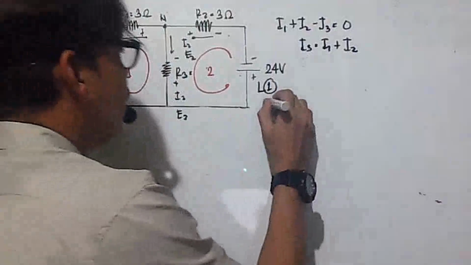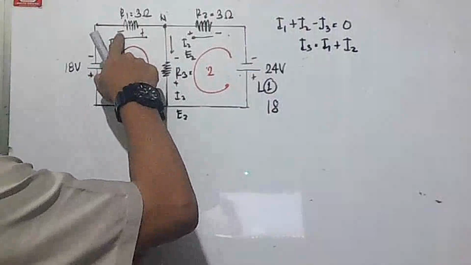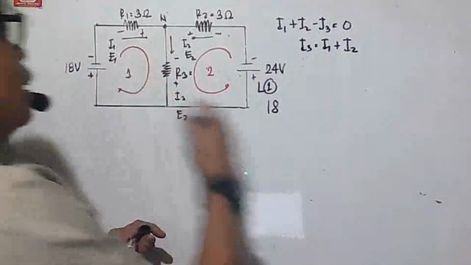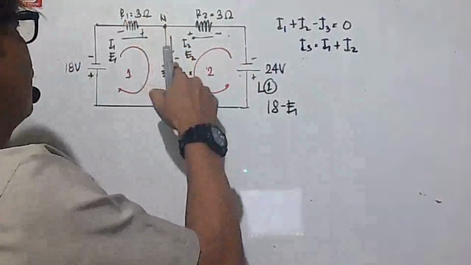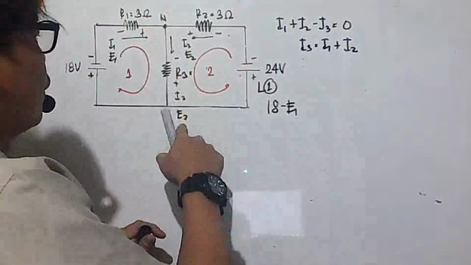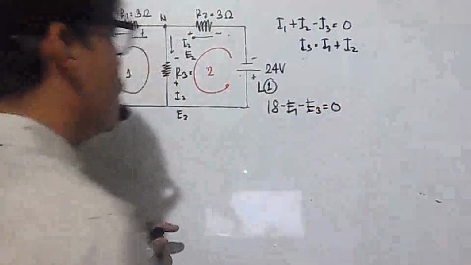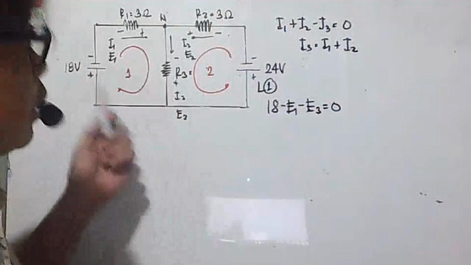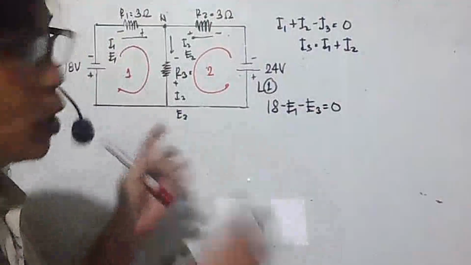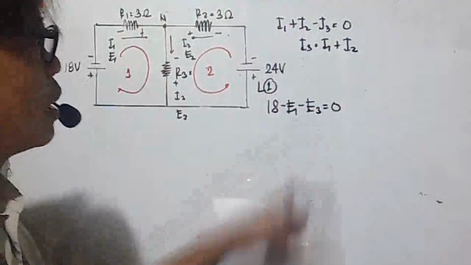Going up, it is negative, so E1 is negative, that is minus E1. Then going down there, negative for R3, therefore E3 is negative. So that is 18 minus E1 minus E3 is equal to 0. This is Kirchhoff's voltage law, wherein the algebraic sum of the voltages of a closed loop is equal to 0.